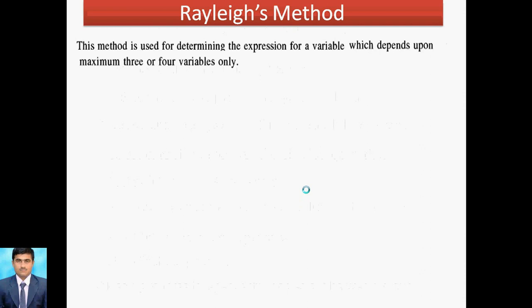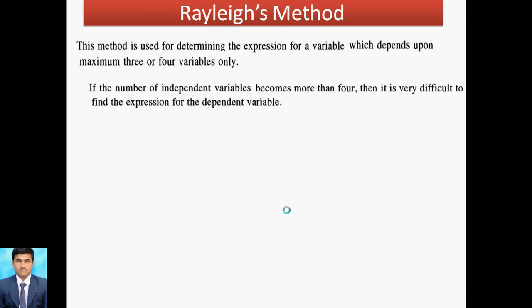Rayleigh's method is used for a variable which depends on a maximum of 3 or 4 variables. After 4 variables this method becomes complicated, or tedious. That's why we use this method for 3 or 4 variables only. If the number of independent variables becomes more than 4, it is difficult to find the expressions.